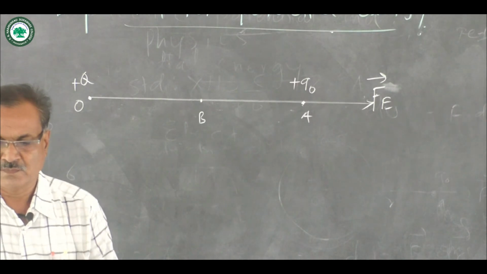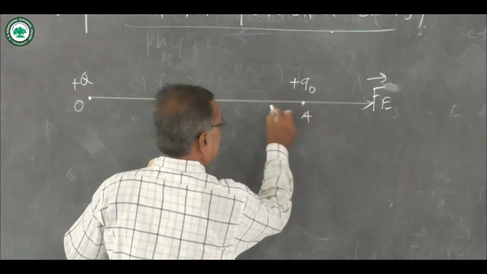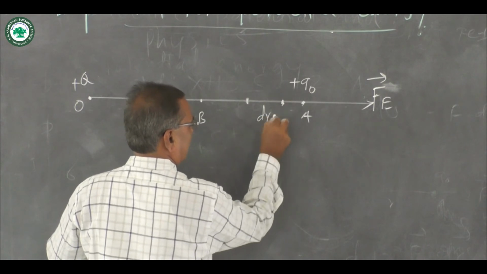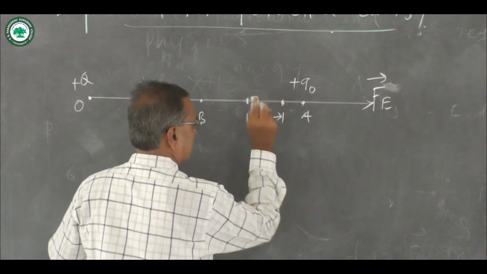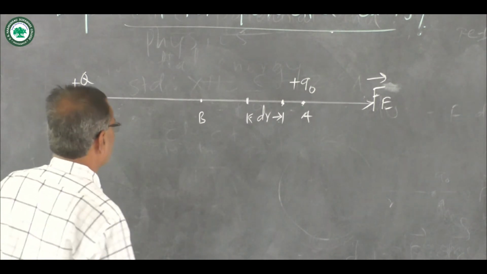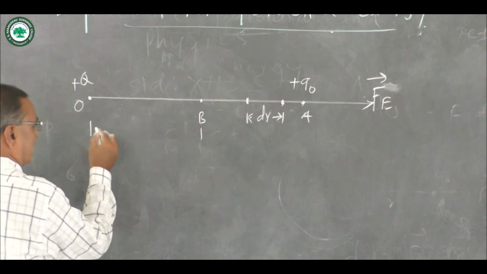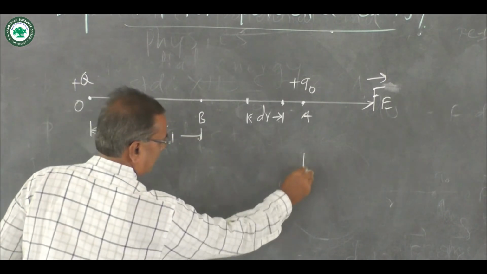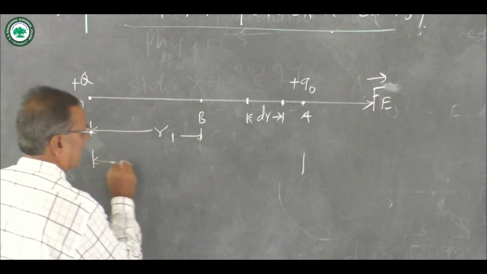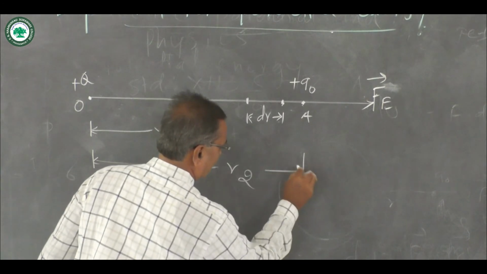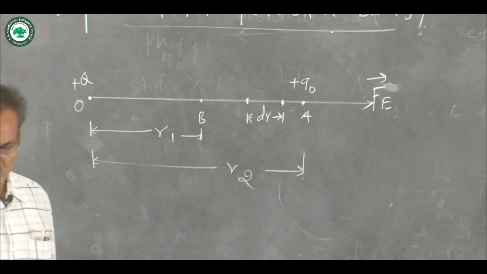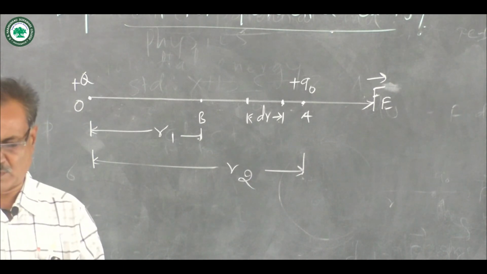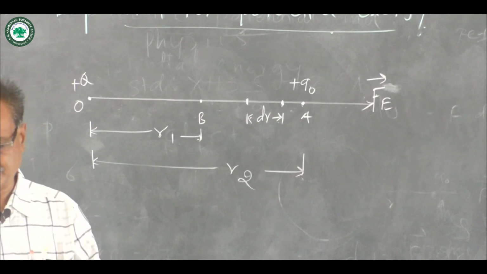Now the charge Q0 is displaced through a small distance dr. The distance O to B is R1, and O to A is R2. So we can find out the expression for potential energy.